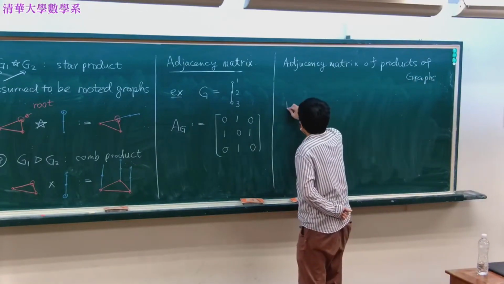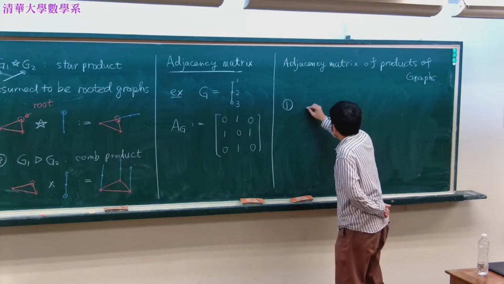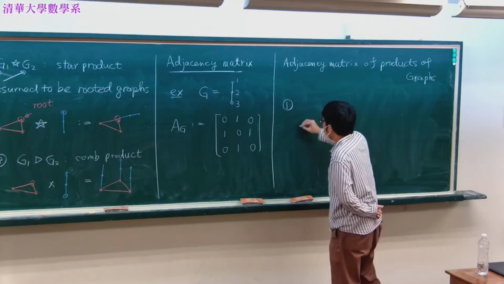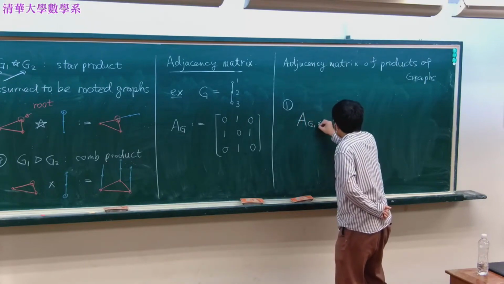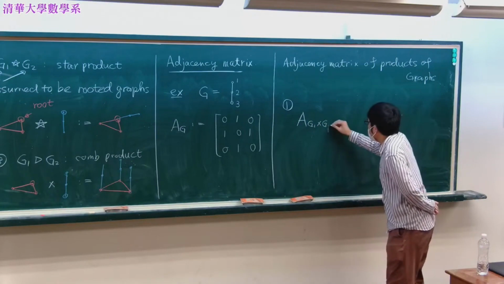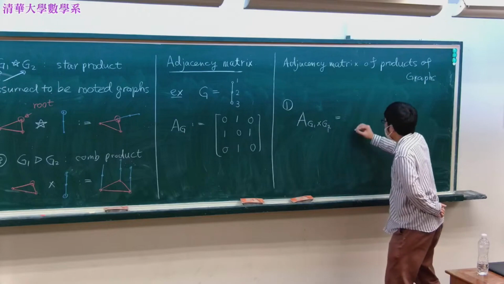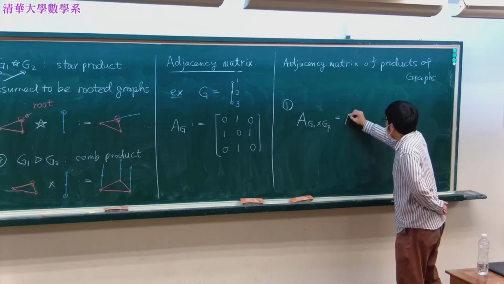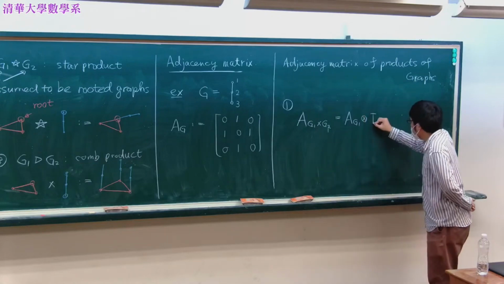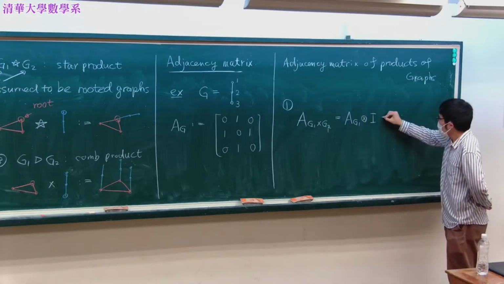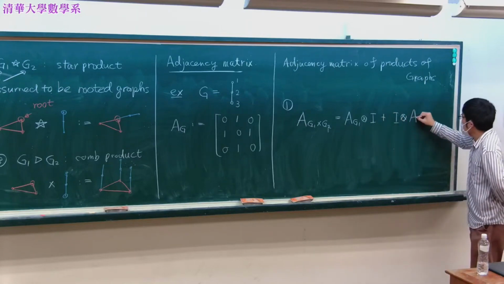For the Cartesian product, the adjacency matrix of the Cartesian product of two graphs can be written in the following way: A_G1 tensor the identity matrix, plus the identity matrix tensor A_G2.